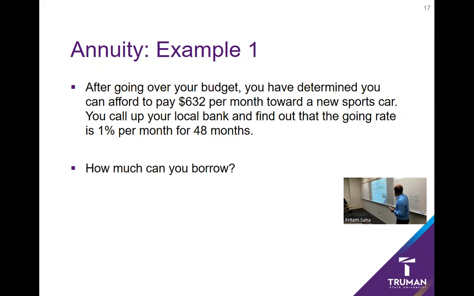So basically, you have to think about the payment frequency. It's monthly payment or annual payment? Monthly payments. It's already represented as 48 months. If I say 4 years, then 4 times 12. It's already given. So what should be the value of N? 48.